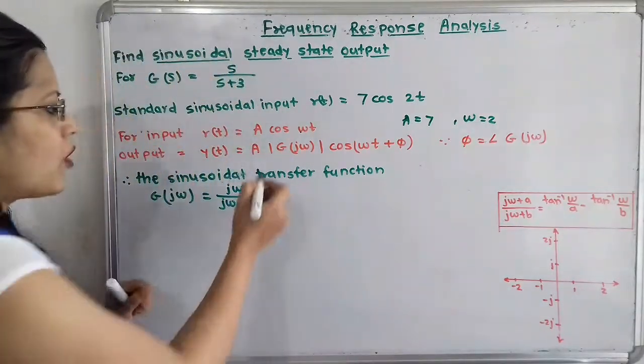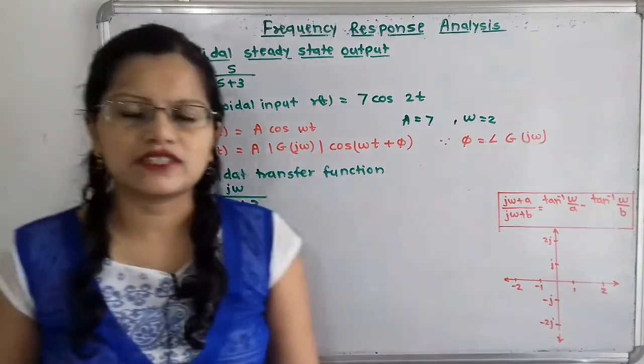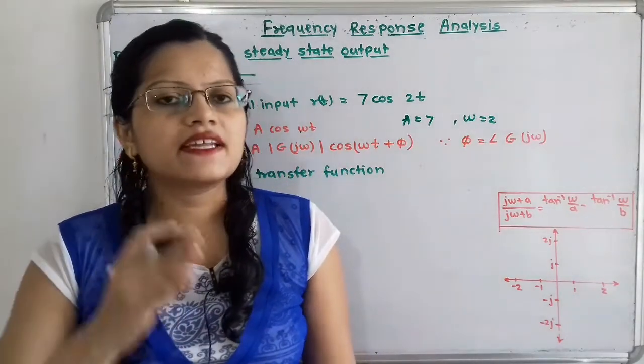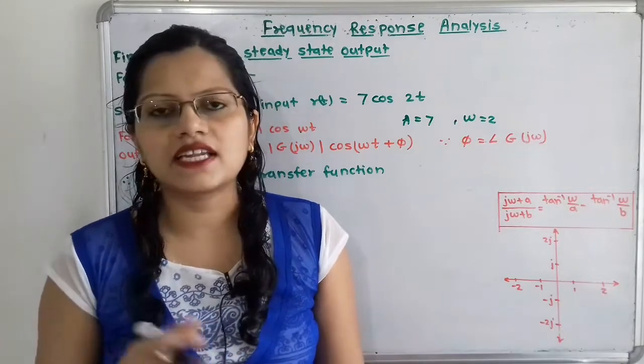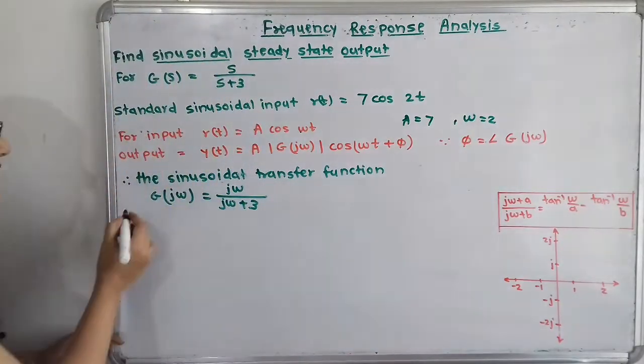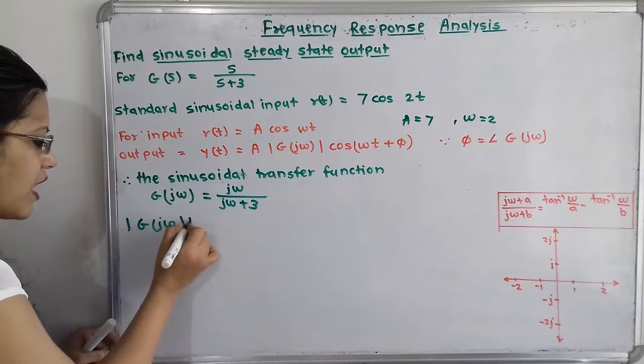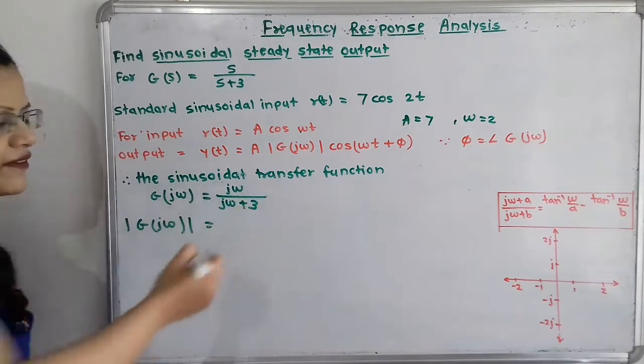So here modulus. What is the meaning of this modulus of G(jω)? That is, if any negative sign is contained, then it will be converted into positive. Now if I write the modulus of G(jω), how do I convert this whole equation?